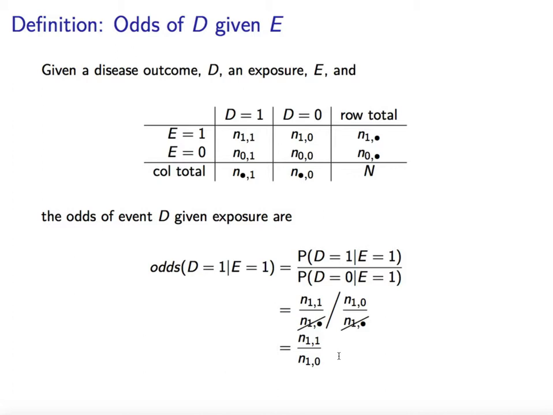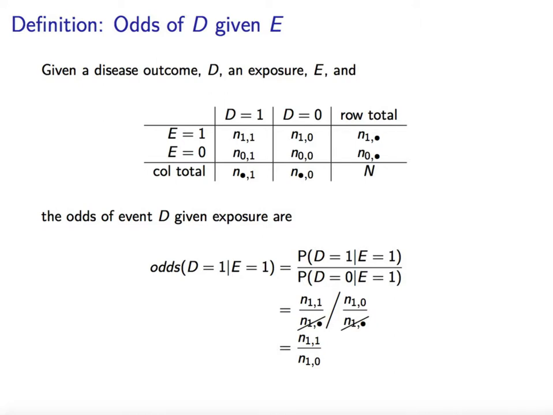So if the odds of D given E were equal to 2, then given that the individual was exposed to E, the exposure, the probability of developing disease D is twice as high as not getting the disease when they were exposed.